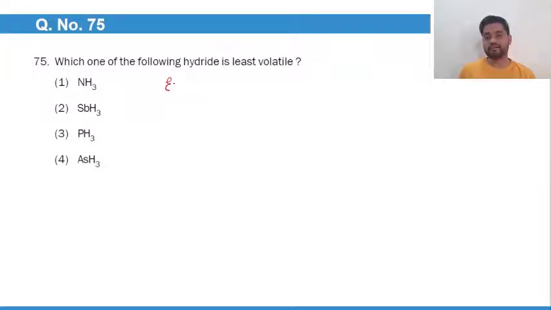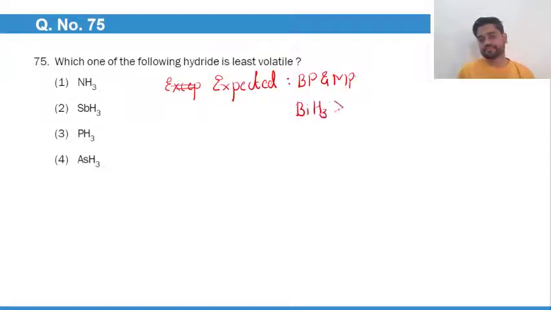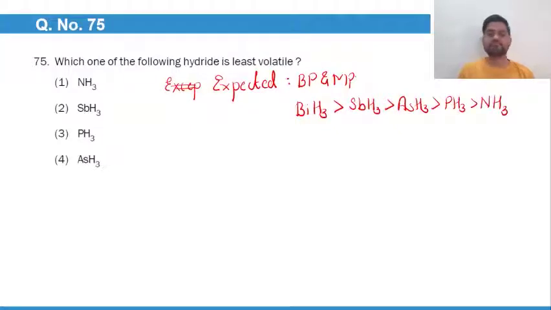So what we expect over here is, if we go down the group, its boiling point and melting point will increase. This is the expected order. But the actual order is different.